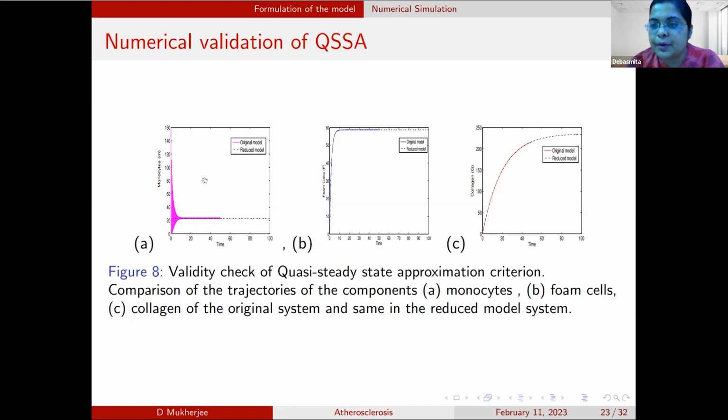This is the time series plot for monocyte, which clearly shows that they are merging. And this is the time series plot for foam cells, and this is the time series plot for collagen. So in all these diagrams, we can see the trajectories are coincident between the original model and the reduced model.